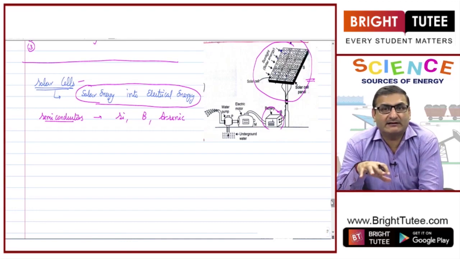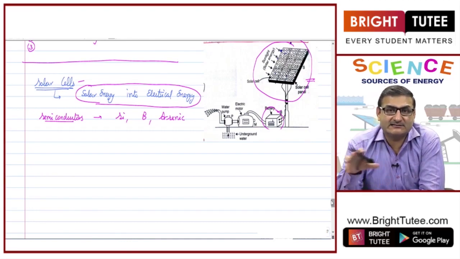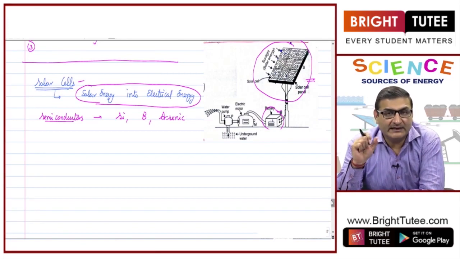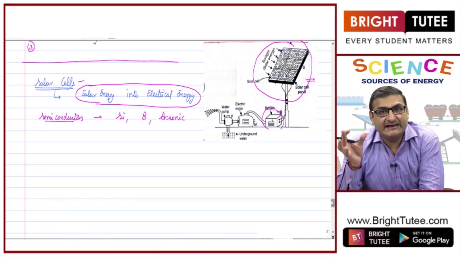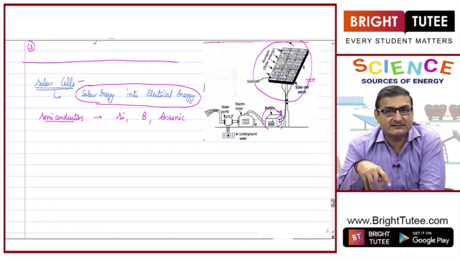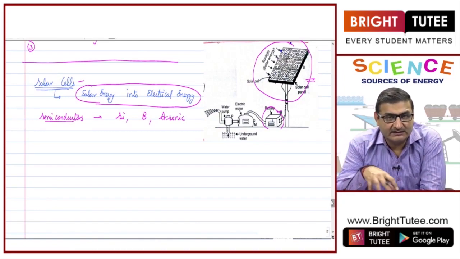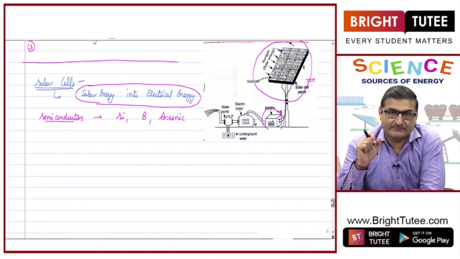They convert it into electrical energy, and that electrical energy is used to run things over there in space shuttles and satellites. Then in remote areas, in hilly areas, in inaccessible areas where it is not feasible or it is very expensive to transport electricity in the form of wires, there these solar cells can be used.